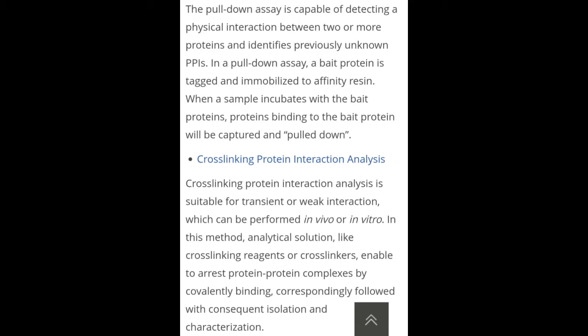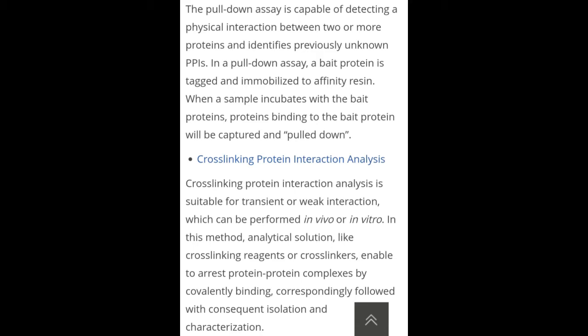Dear friends, the next method is the pull down assay method. It is capable of detecting a physical interaction between two or more proteins, and identifies previously unknown protein-protein interactions, PPIs. In this method, a bait protein is tagged and immobilized to affinity resin.